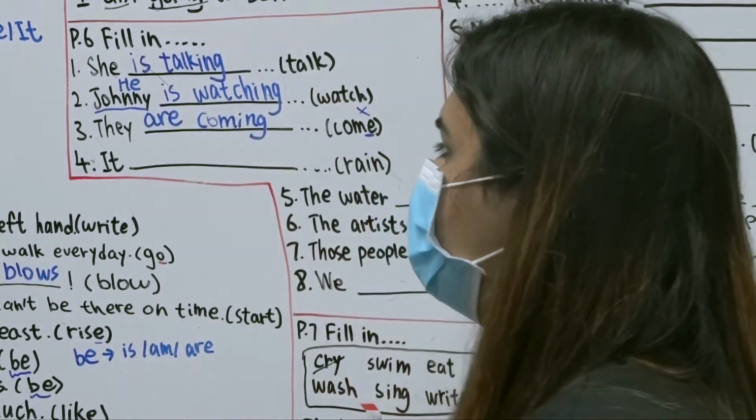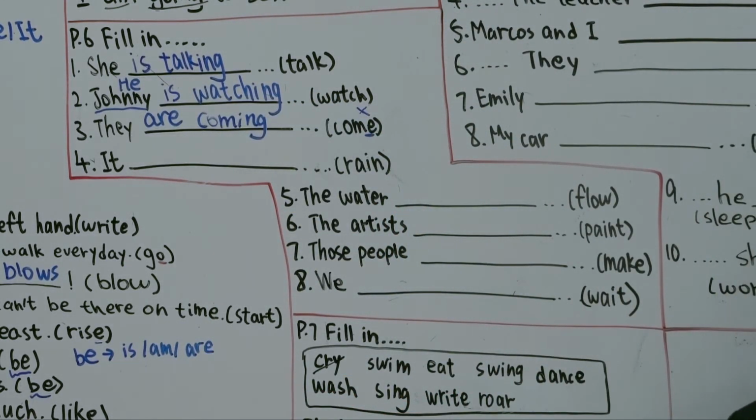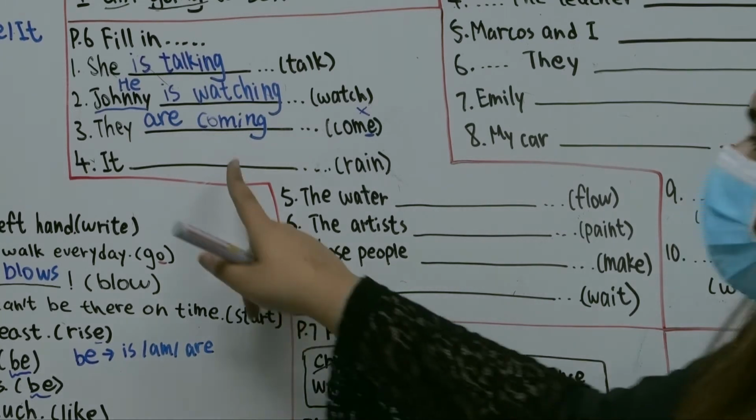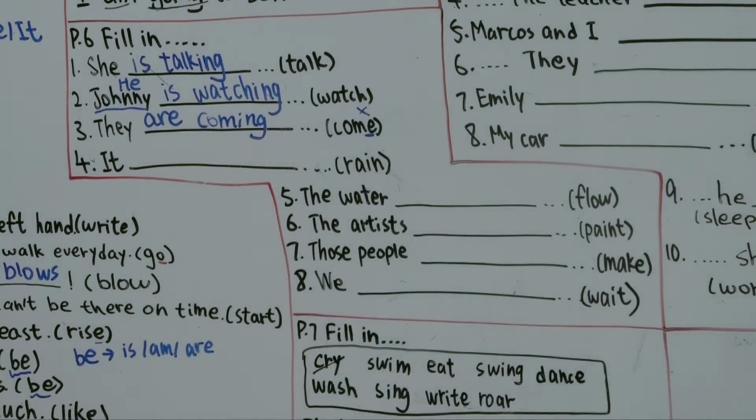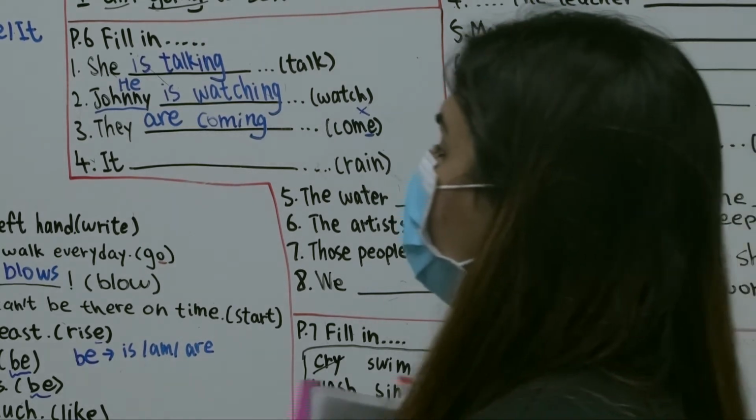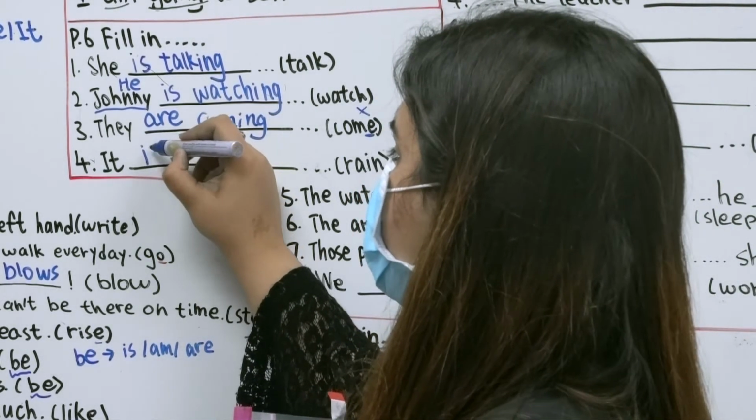Yes. That was a challenge for you. I wanted to see if you remember. Calm down, calm down. I won't kill you, right? All right. Number 4. It space now. Subject it is followed with is.